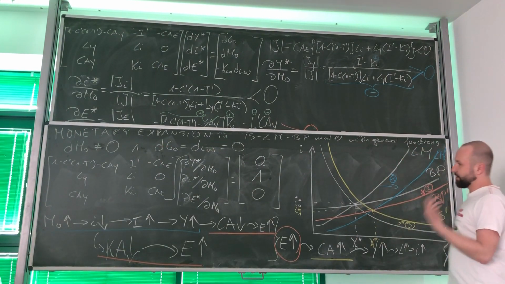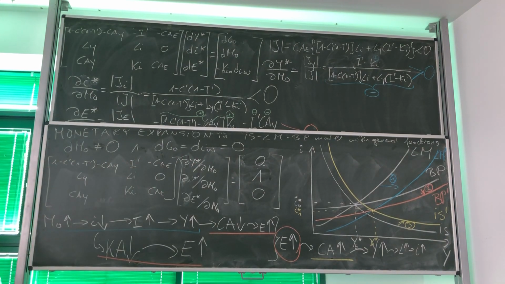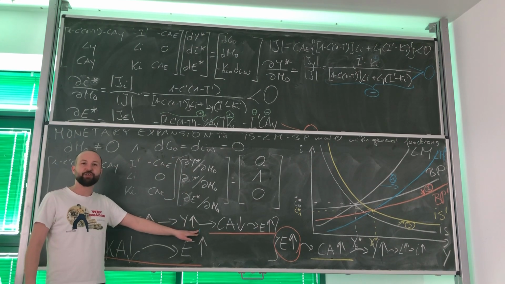Right? It comes from the fact that the internal mechanism of monetary expansion goes from higher money supply through lower interest rate to higher investment and higher GDP.